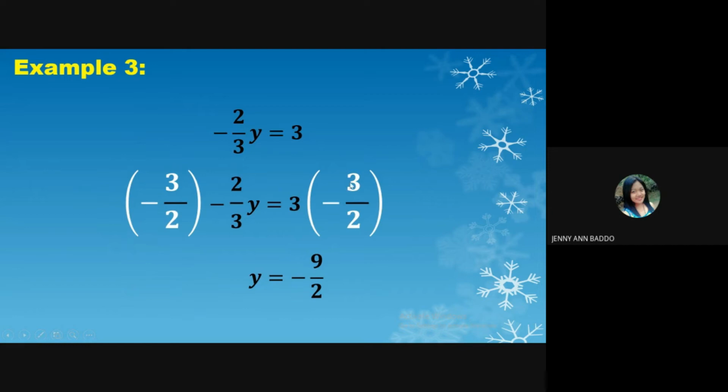And 3 times negative 3, that's negative 9 over 2. Take note, if the answer is a fraction, you do not have to change it into a decimal. You just have to make sure it's in its lowest term. Therefore, y equals negative 9 over 2. And that's the use of MPE.